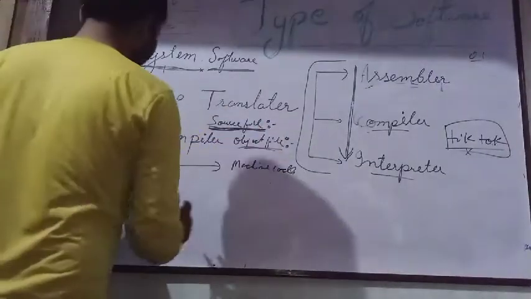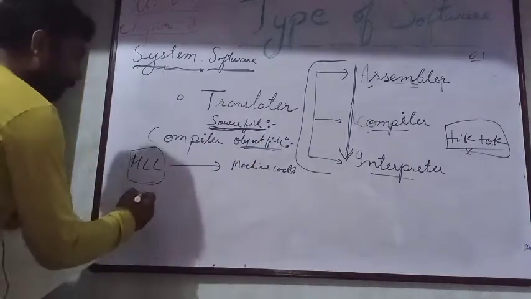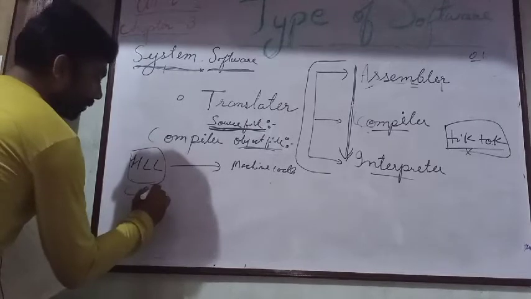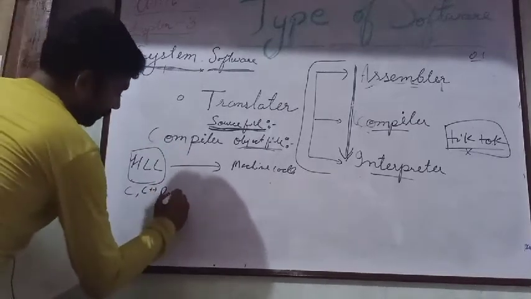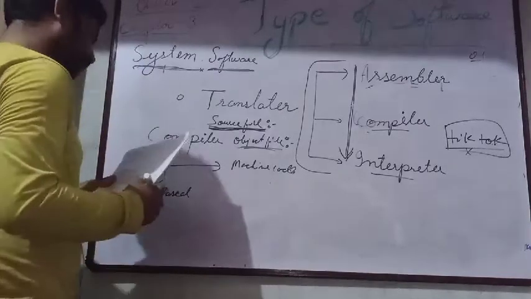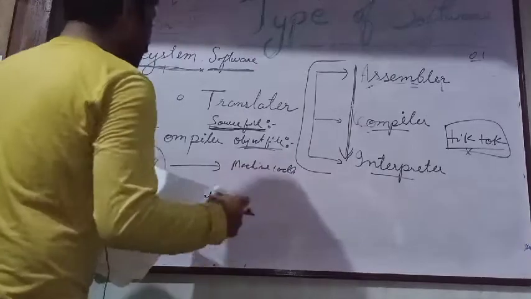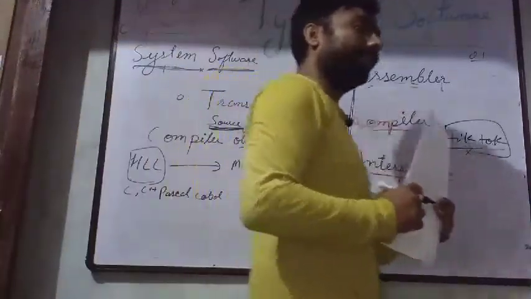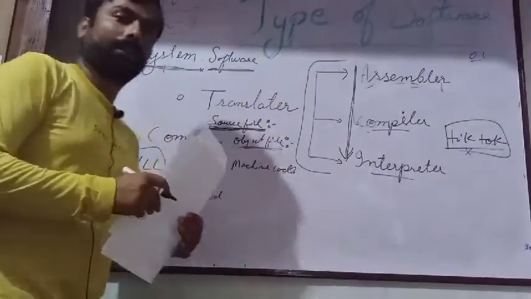So in this high level language, you will get programming languages such as C language, C++ language, Pascal language, COBOL language. When you studied the generation of computers in the earlier class, 8th class, different languages were there which you have already come across.